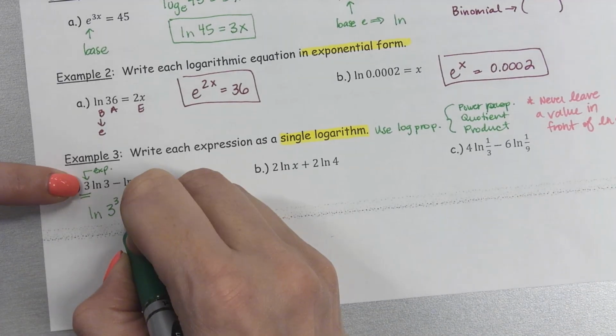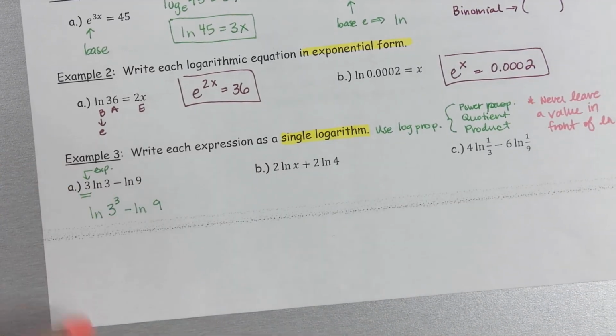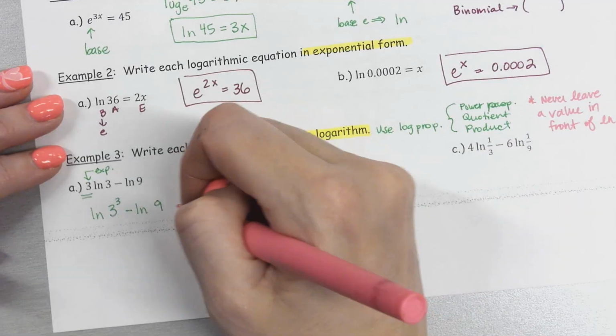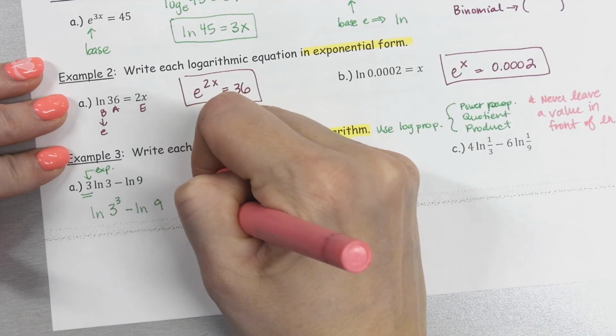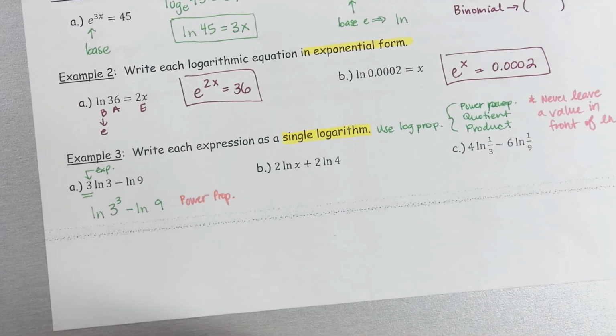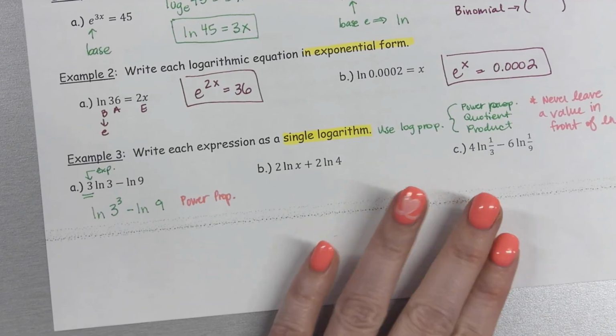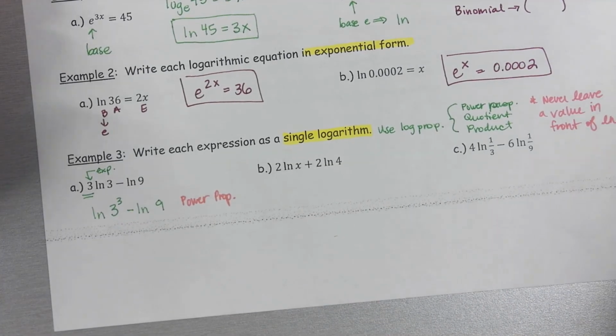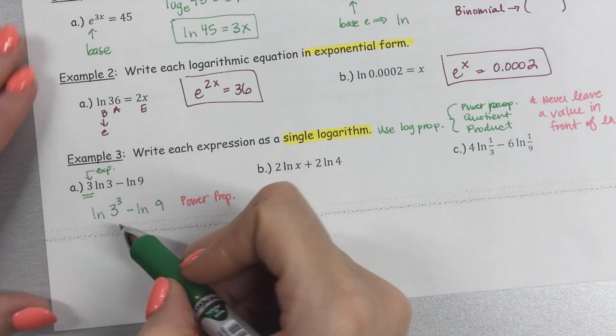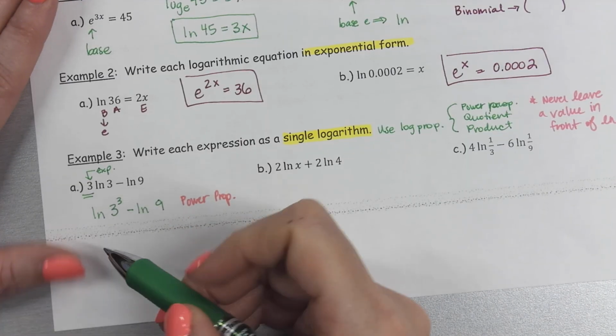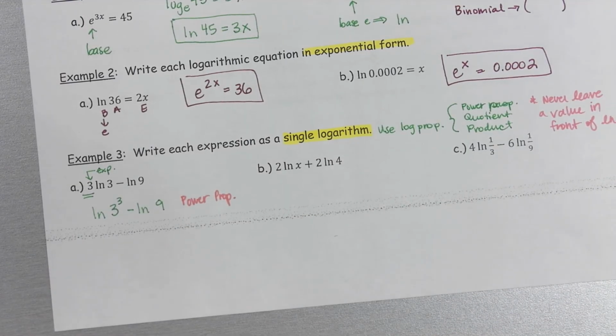So 3 to the third minus the natural log of 9. We use the power property, and then you can simplify here, or you can do that in the next step.